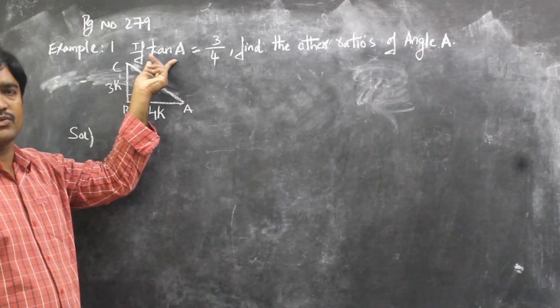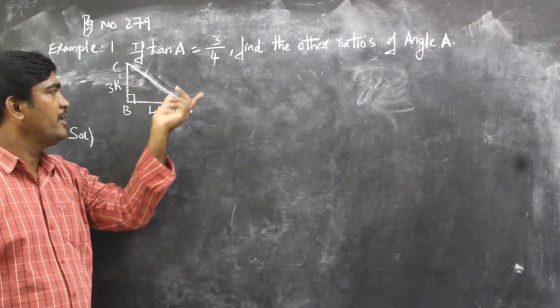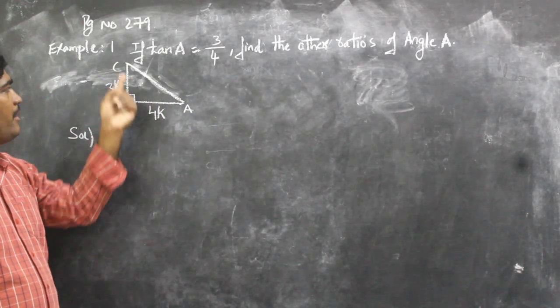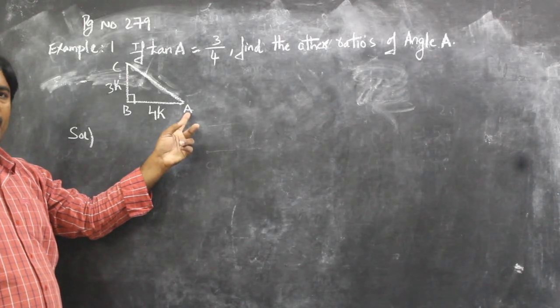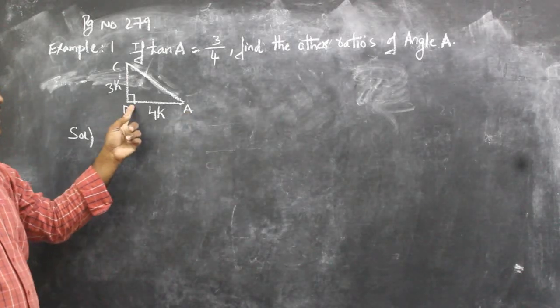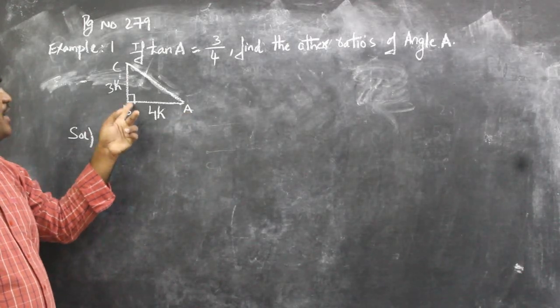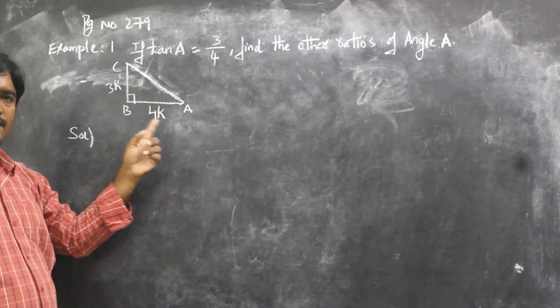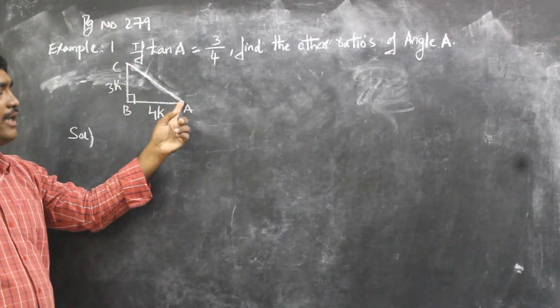Now how to solve that problem: first, in the adjacent figure, he has given that CBA is a right angle triangle. We know that B is at right angle, and he has given CB is equal to 3K and AB as 4K. Now we don't know this AC value.